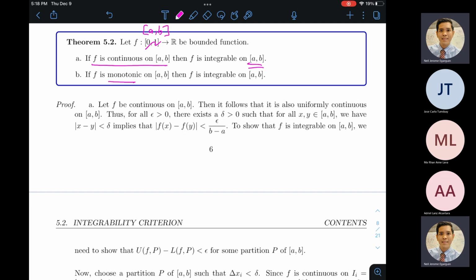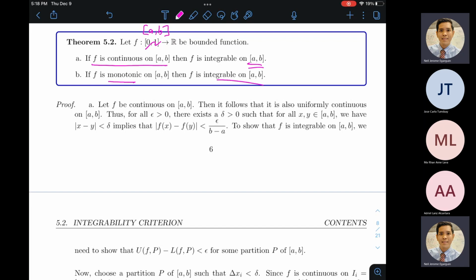Kapag ka monotonic yung function mo, kapag ka siya ay bounded sa closed interval, then automatically we know that it is Riemann integrable. No other questions asked. So napakasaya ng Theorem 5.2 kasi madaling i-prove ang continuity at saka monotonicity relative to showing Theorem 5.1 or showing Riemann integrability by definition. Okay?